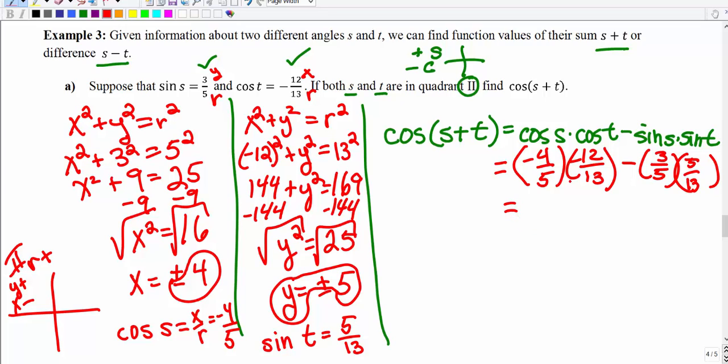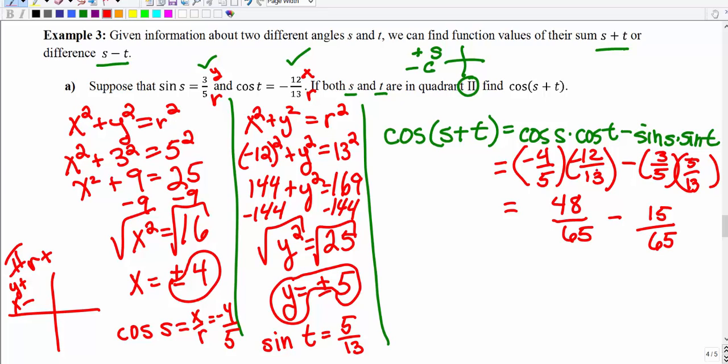So let's multiply. Remember, according to order of operations, we have to multiply the fractions together before we can do any subtraction. So we're going to multiply across. Negative 4 times negative 12 would be positive 48. 5 times 13, 65. Minus, we're going to multiply across here, so I get 15. 5 times 13, 65.